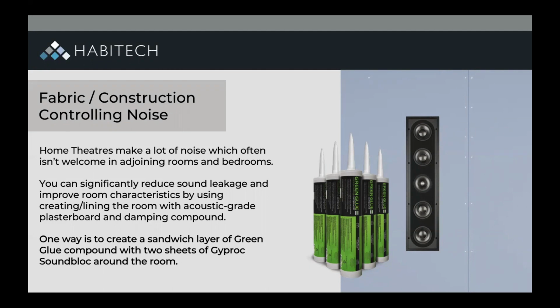What you do is you create a sandwich of green glue between two boards of Gyprock Sound Block or equivalent, and the inner board you actually isolate by not having it right the way to the floor and ceiling. You leave a gap around it, which you fill with compound, and that also helps isolate the sound.